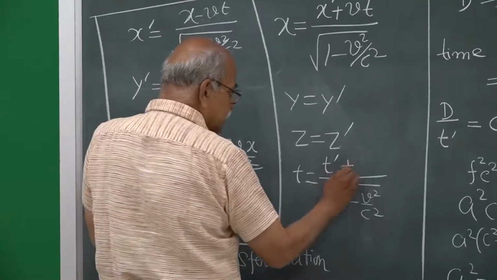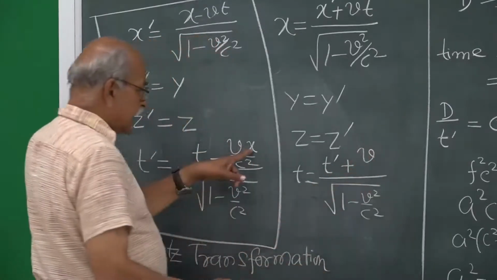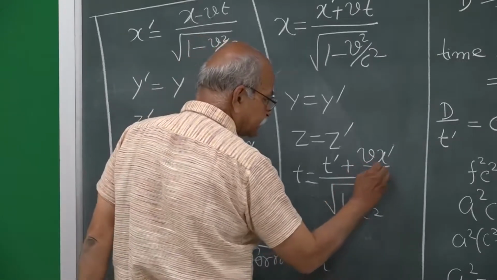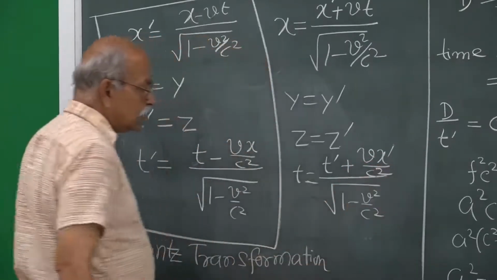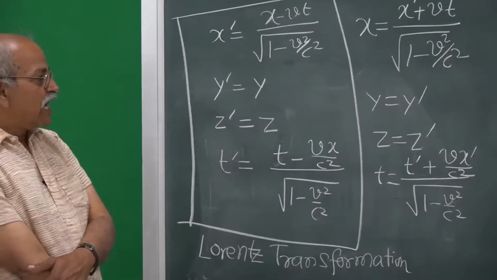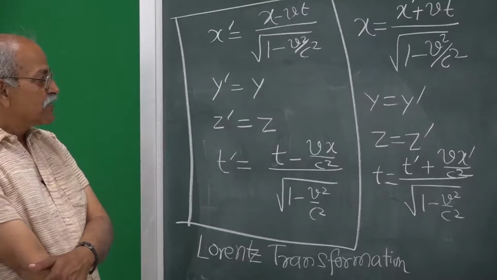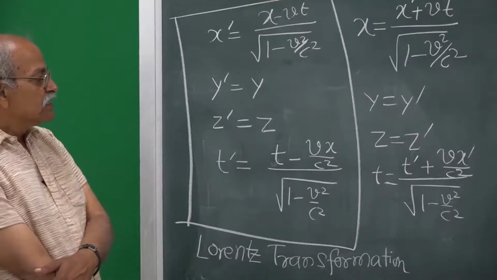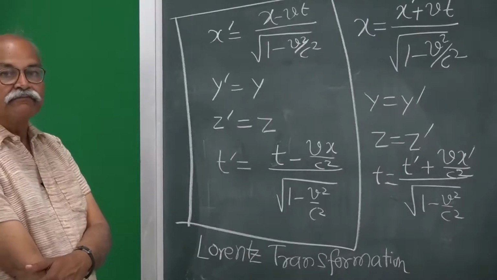So, plus v into x will become x prime, by c square. So, these are inverse transformations. If you have x prime, y prime, z prime, t prime, and you need x, y, z, t, then you can use these equations.